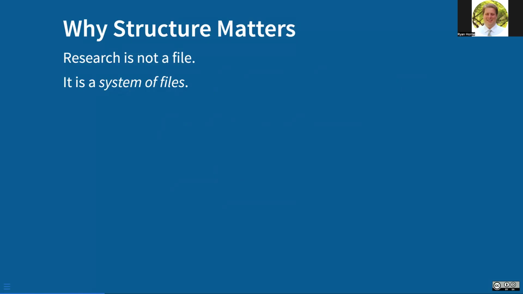Why does structure matter? Well, research is not a file, it is a system of files. Almost none of us have all of our sources, our figures, our notes, our manuscripts, our thoughts all in one actual file. We have them in multiple areas, perhaps scattered across our computer, perhaps all dumped on the desktop, as many of us may be guilty of.